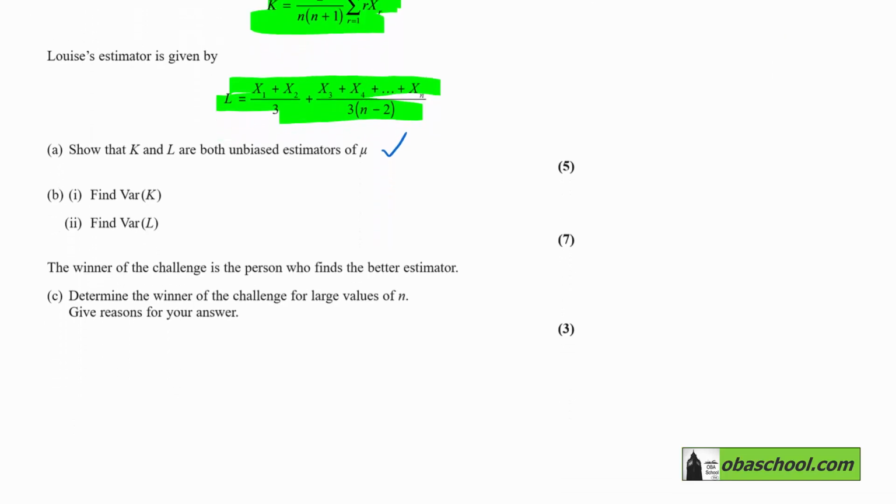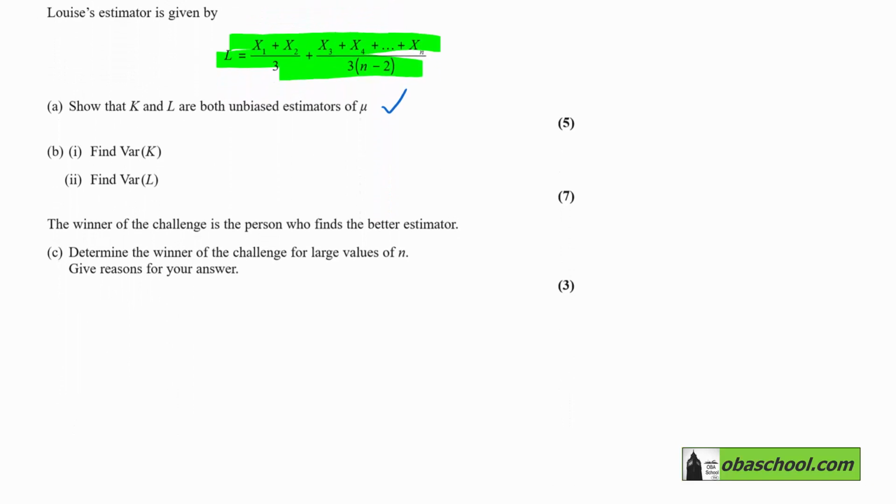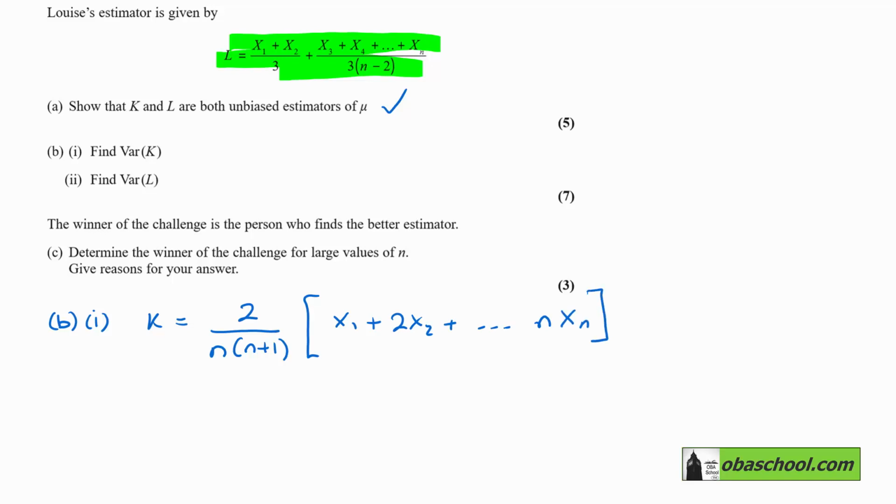Okay, so in part B we want to find var K to start with. So this is B part 1. Now we know that K is 2 over n plus 1 times x1 plus 2x2 plus and so on up to nxn. Okay, so if we want var K, remember it's a squared quantity, the variance.